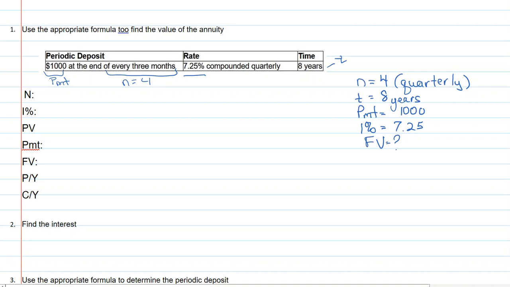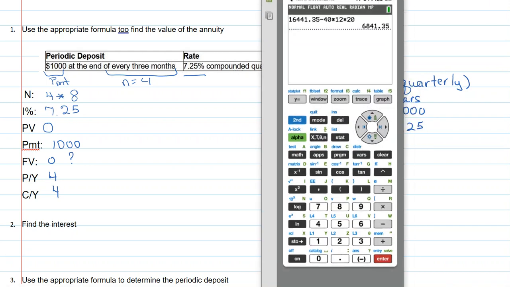Here we go. Our capital N is little n, which is 4, times the years, T, which is 8. The I% is 7.25. We didn't make an initial deposit, but we do have payments of $1,000 with a 0 future value, which is the one we're looking for. And this is quarterly, so that's 4. And bring out our calculator.